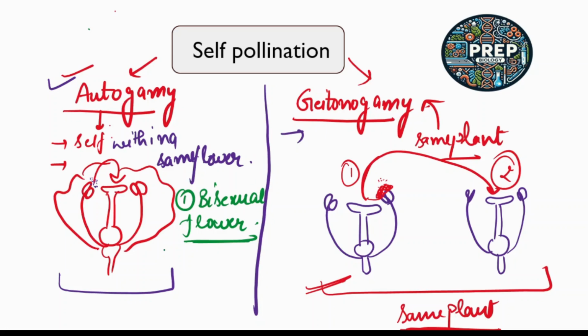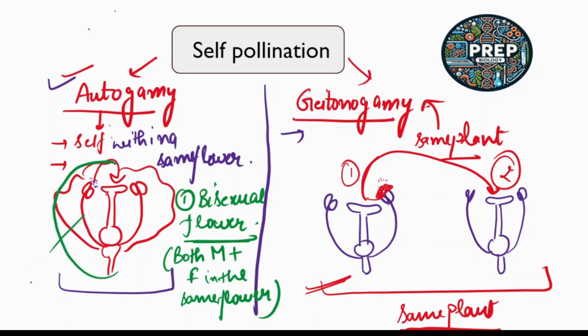Bisexual flowers are the flowers which contain both male reproductive part and female reproductive part in the same flower. If the flower contains male part, that is stamen, and the pistil part, that is the female part, in the same flower, that flower is called the bisexual flower. So in bisexual flower the autogamy occurs.